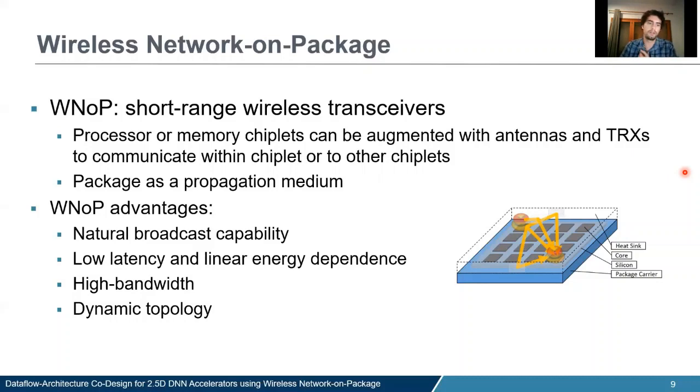Also, we will not be bandwidth limited as we were with the pin size. And the last point is that we will be able to have a dynamic topology. This means that at runtime, we'll be able to change the data flow, since receivers can read or not the information that arrives at their antenna.